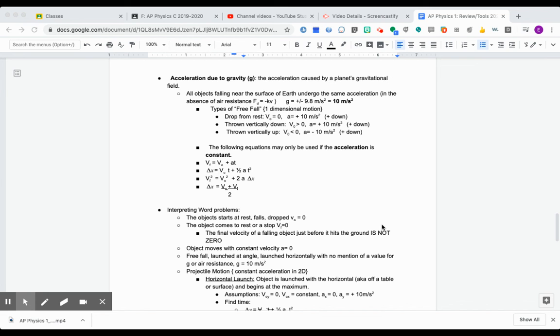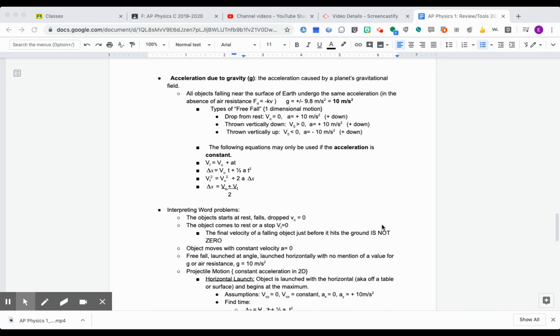We actually looked at a problem in the kinematics unit in which you had to conceptually explain information about the object's velocity and position at given times when it was launched at an angle. That was a practice open-ended question that we did before the review, so you might want to go back in your notes and take a look at that if you get a chance.